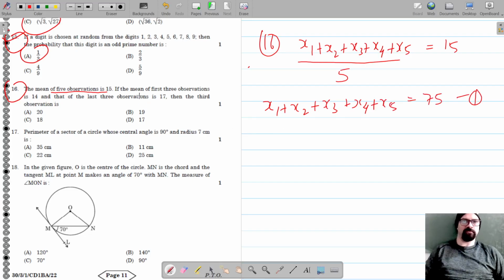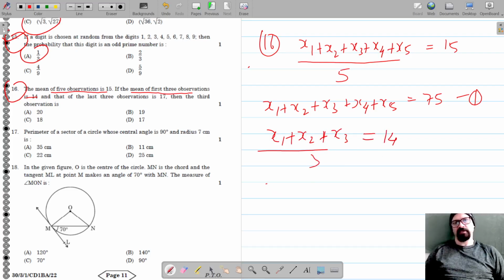Let this be the first equation. Now the mean of the first 3 observations is 14. So x1 plus x2 plus x3 divided by 3 is equal to 14, and now x1 plus x2 plus x3 is equal to 42.